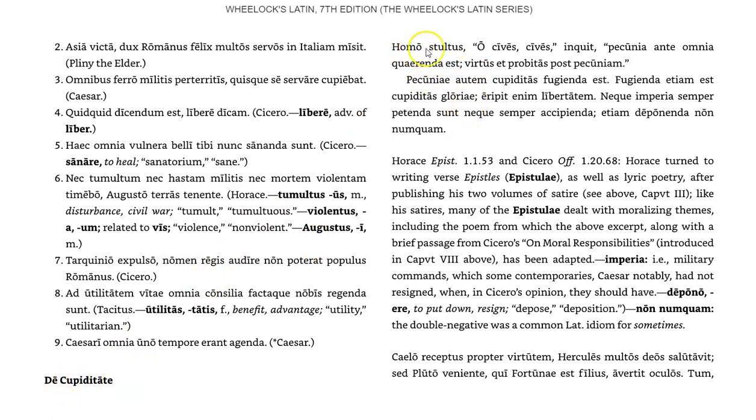Let us read. Homo stultus, o civis inquit pecunia ante omnia quae renda est, virtus et probitas post pecuniam. Pecuniae autem cupidatas, fugindia est, fugiendia etiam est cupidatas gloriae, erripit enum libertatem, neque imperia semper petenda sunt, neque semper excipienda, etiam deponenda non numquam.